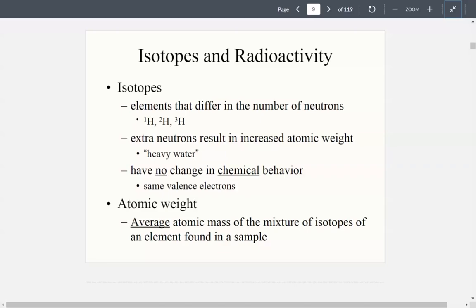So that atomic weight, as I mentioned, is based on the average of a sample. So we took 150 atoms and did a scientific weighing, which we're not going to get into that process here. That's something that we can talk about in an actual chemistry class.